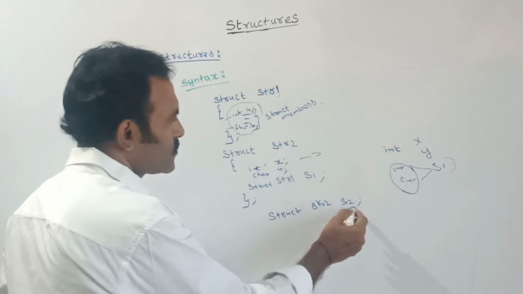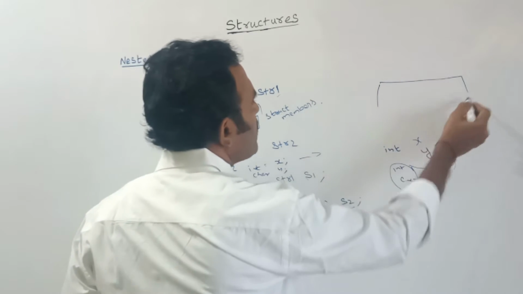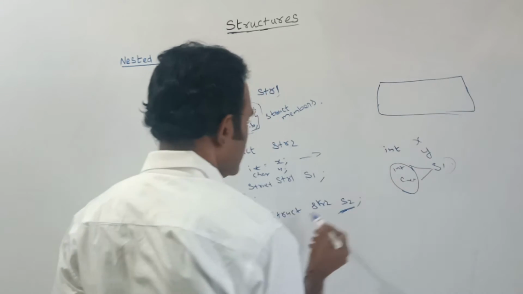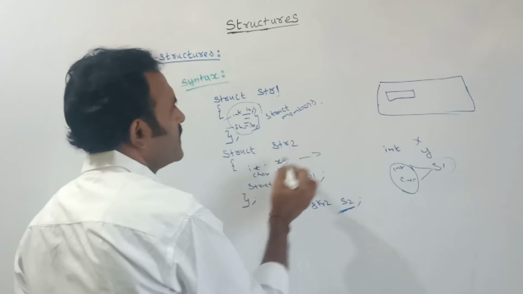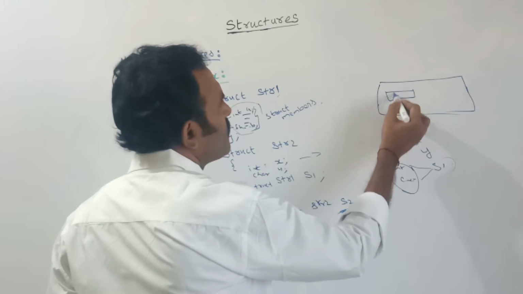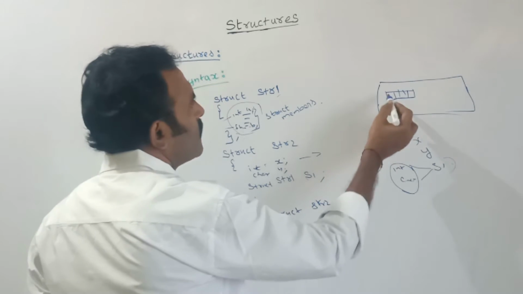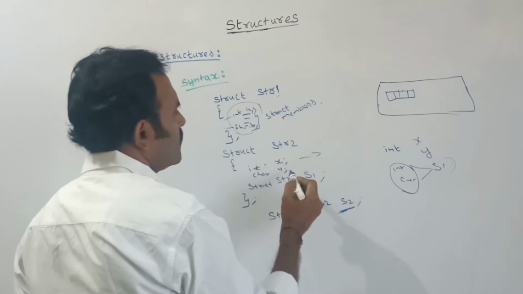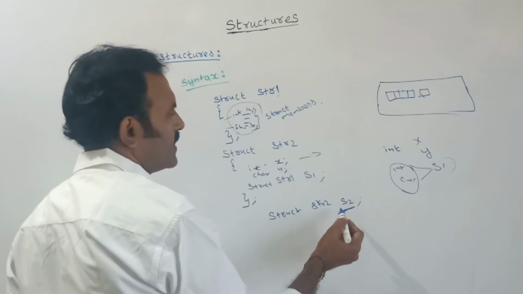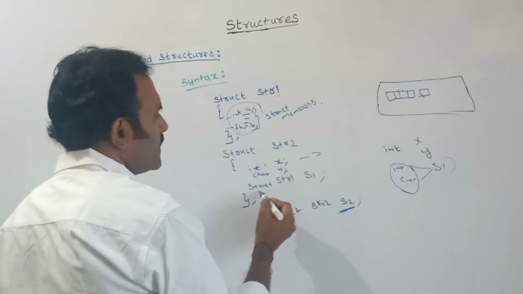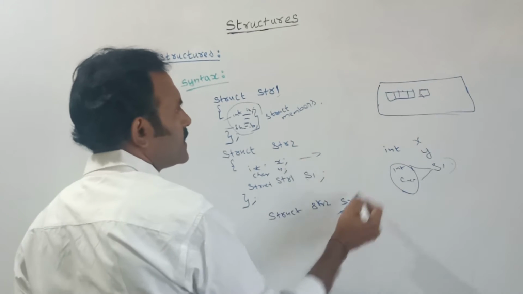Now this S2 will be stored like this in memory. Very first, this is the integer data type, so 4 bytes. Next one, character data type, a single byte. Here I am talking about this S2.